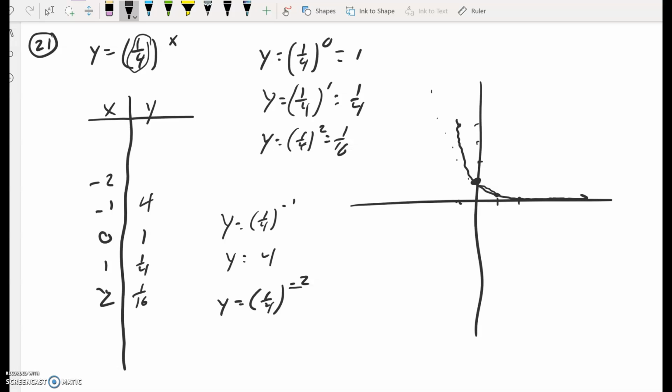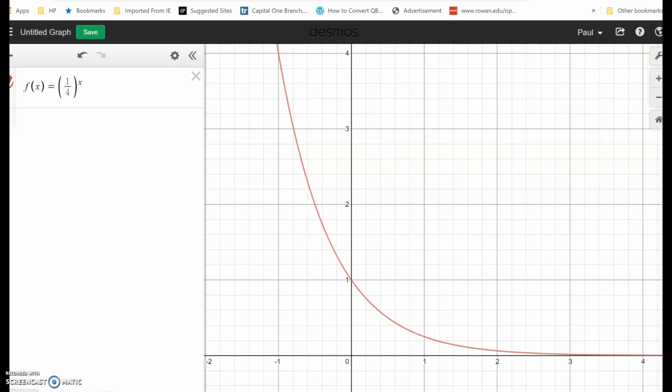This says take the reciprocal and square it. So we take the reciprocal and we square it, and that's 16. And when x is -2, y is 16, and it's off my graph. This is going really, really steep, really fast. So let's check this sketch out in Desmos and see if we've got it right. It looks like we have it correct.